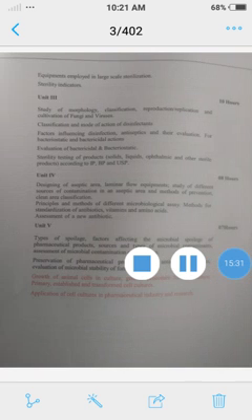This is the syllabus of your pharmaceutical microbiology theory.